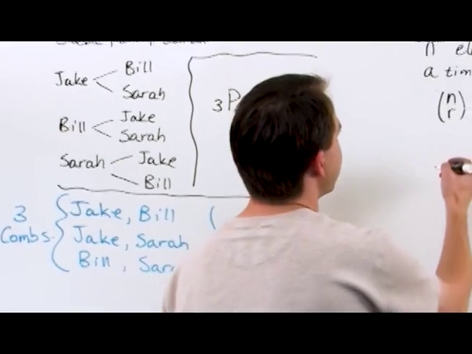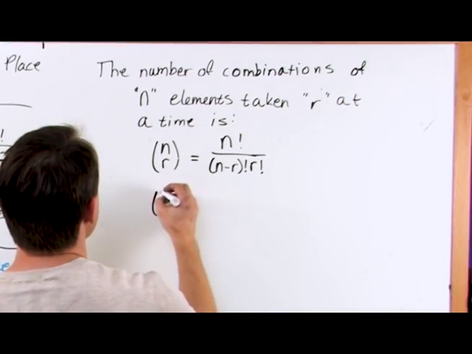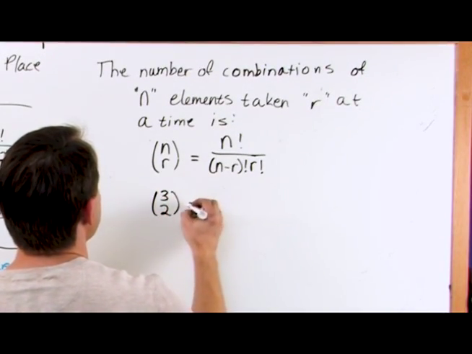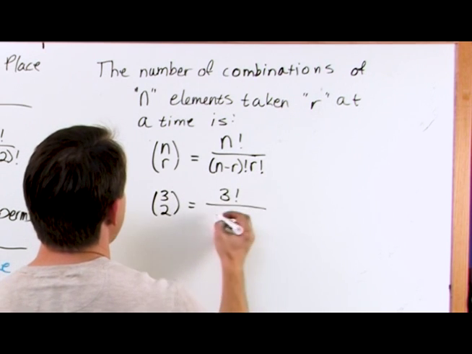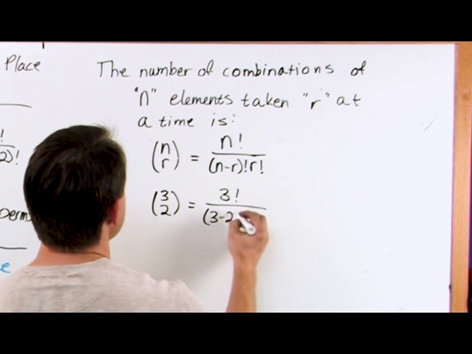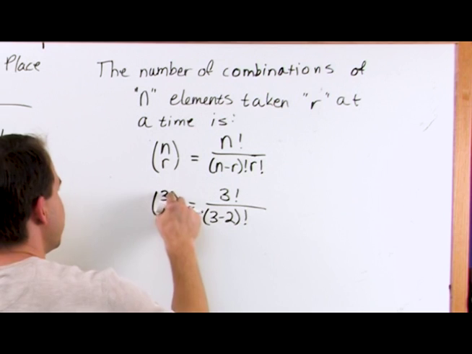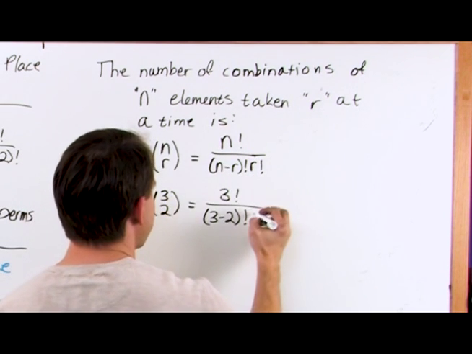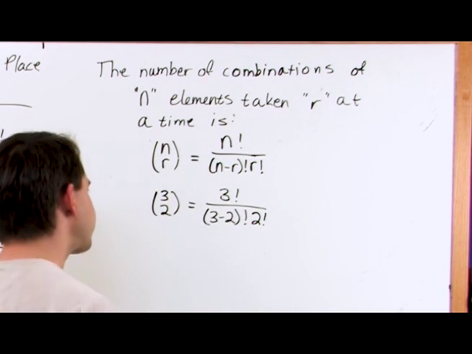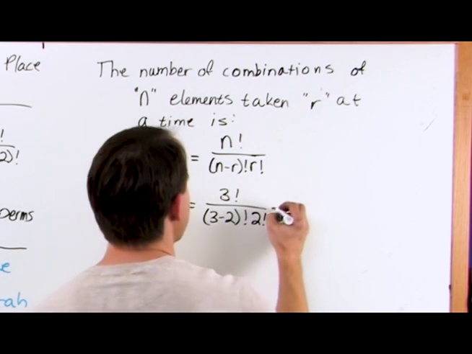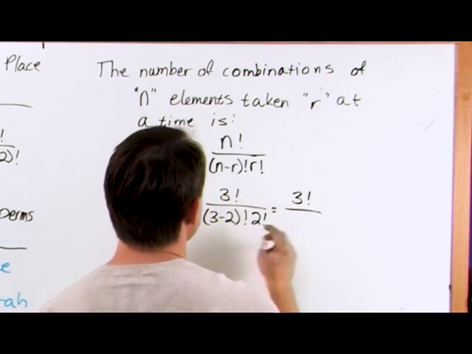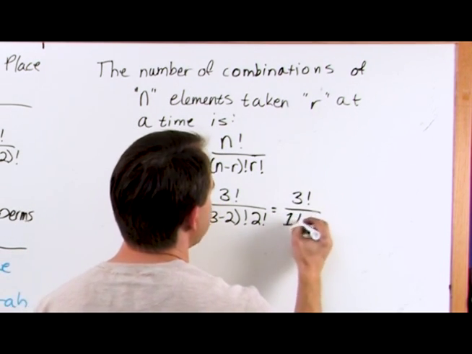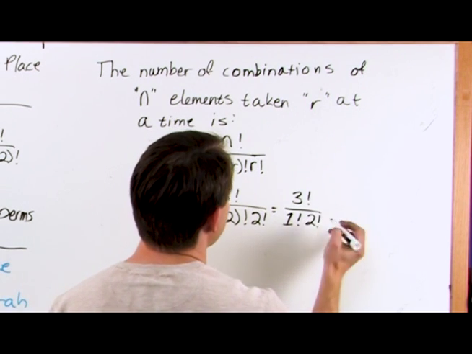So if you were going to do this the way you would write it on your paper for that particular problem, 3 and 2 would be 3 factorial over 3 minus 2 factorial, because this is n and this is r, times again 2 factorial. So what you would get on the top would be 3 factorial over 3 minus 2 is 1 factorial times 2 factorial.